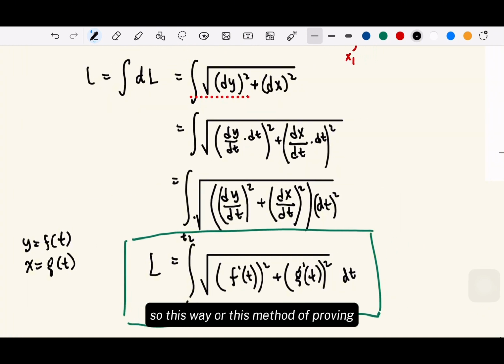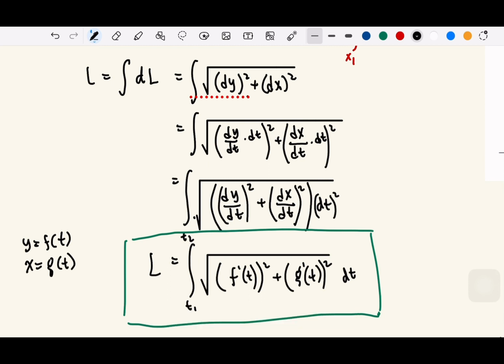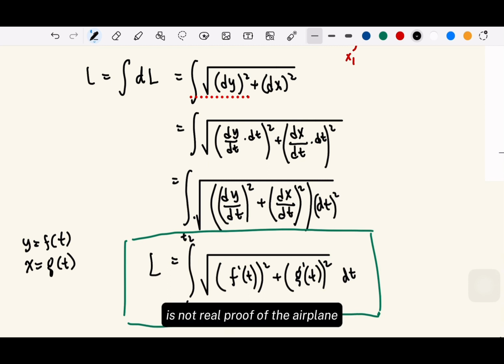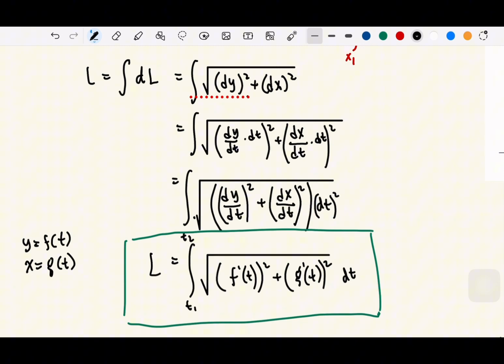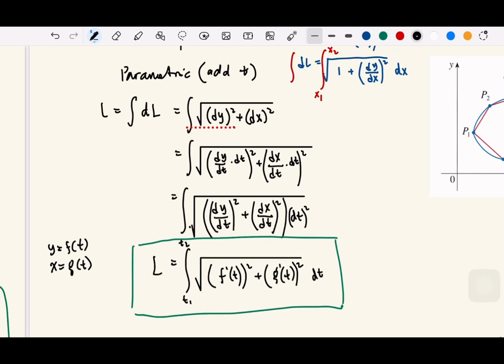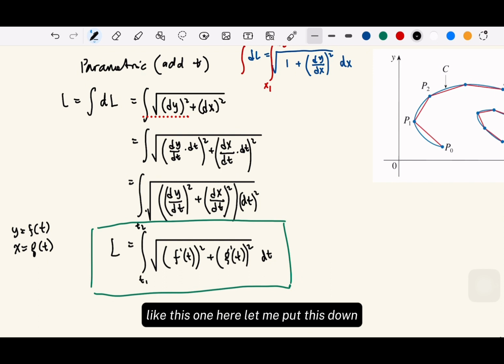So this method of proving is not a real proof of the arc length, but somehow it's true, and we can use this method. I think it's easier than the definitive proof. The definitive proof uses the summation, the sigma. Like this one here, let me put this down.